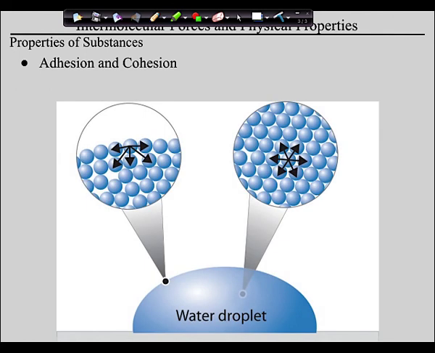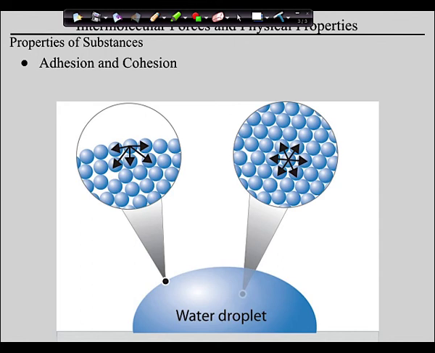What about water droplets? Well, guys, when you've got a water droplet, what you actually have is a skin, if you will, on the top of the water. And that skin is also created by these forces. These are what are called adhesive forces because it's water to water, and these molecules are attracted to each other, and it creates a skin, and that skin allows water to form droplets.